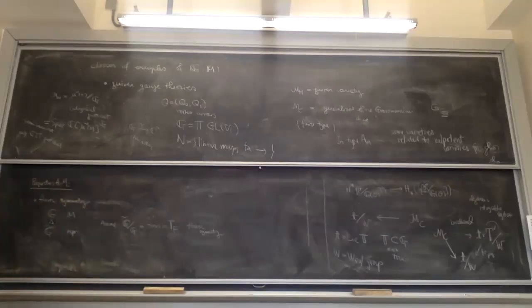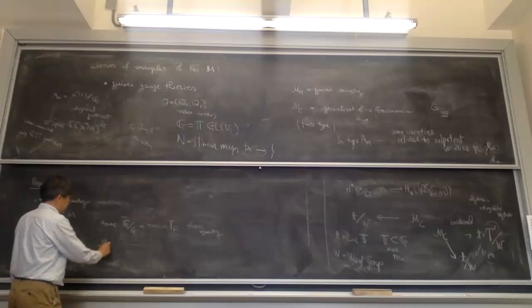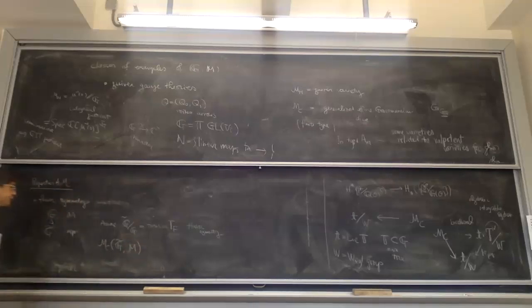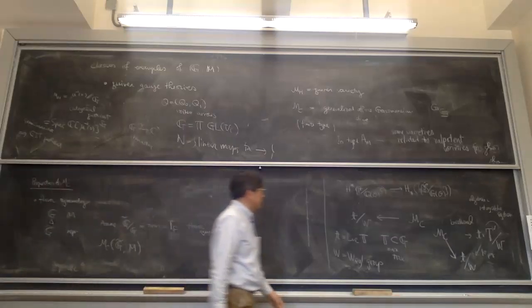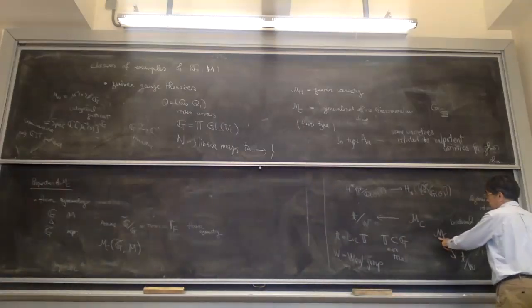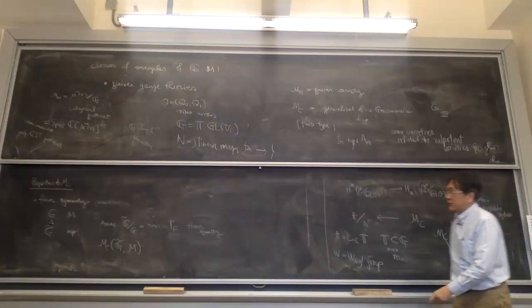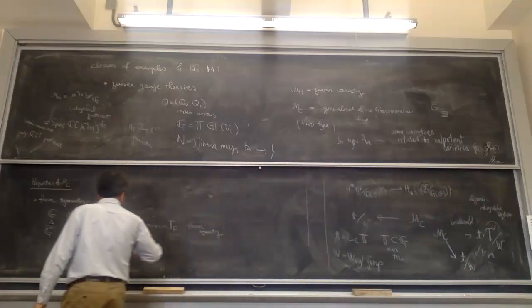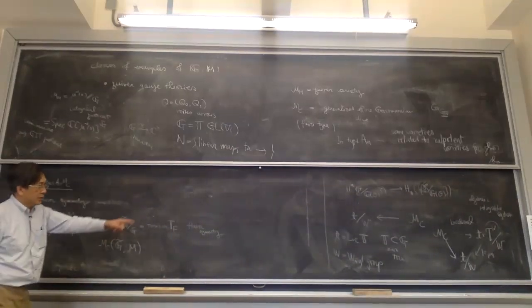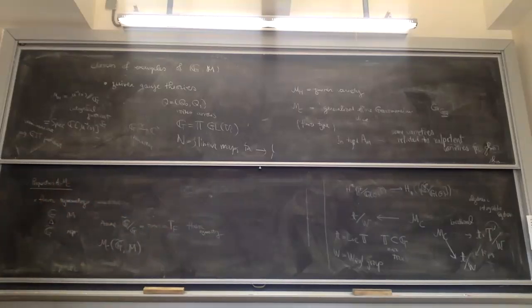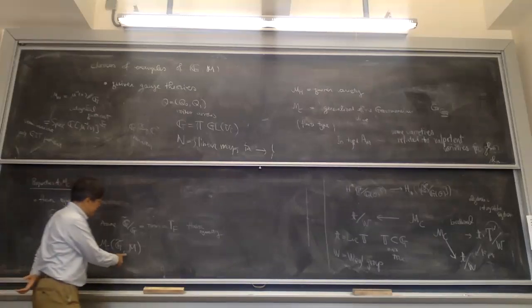Then you can consider the Coulomb branch for the larger group. Computing the dimension, this is larger than the dimension of the original Coulomb branch by 2 times the dimension of T_F.